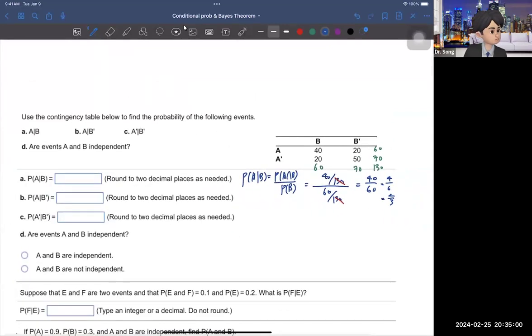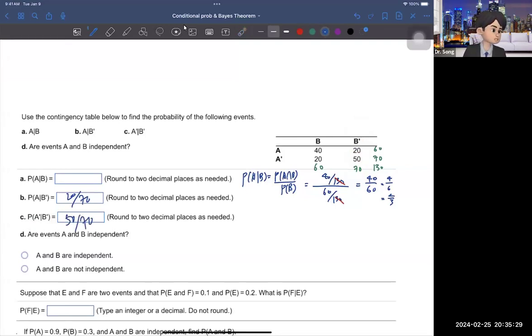Then for the questions B and C, you can use the intuition and find the answer right away. So the probability A given B complement. So that means that given B complement, you find the A. So that is 20 over 70. And then the probability A complement given B complement. So given B complement, you want to find the A complement. So that is 50 over 70.